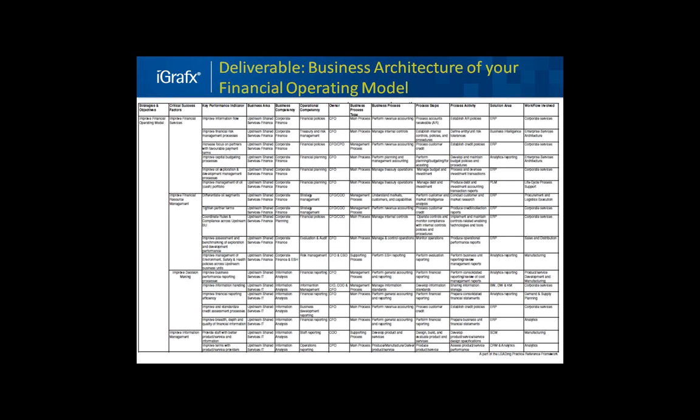So you would have here a link from your strategic business objectives to your critical success factors to your KPIs, with your business areas and your business competencies to the owners. Exactly what we saw in iGraphics doing. With all the business process types: is it a main process? Is it a supporting process, or is it a management process? Because in the management process I need my decision making.